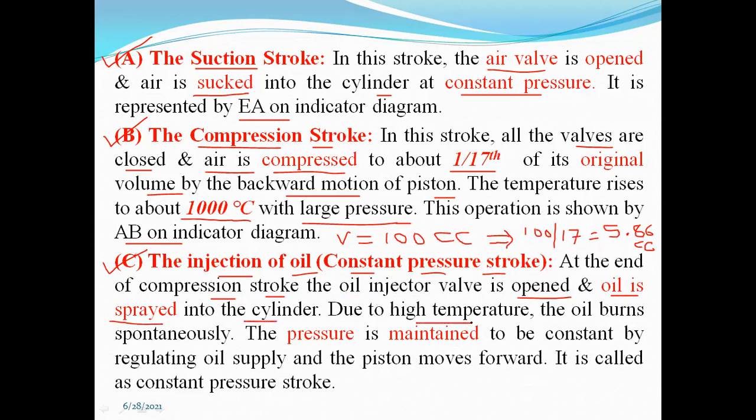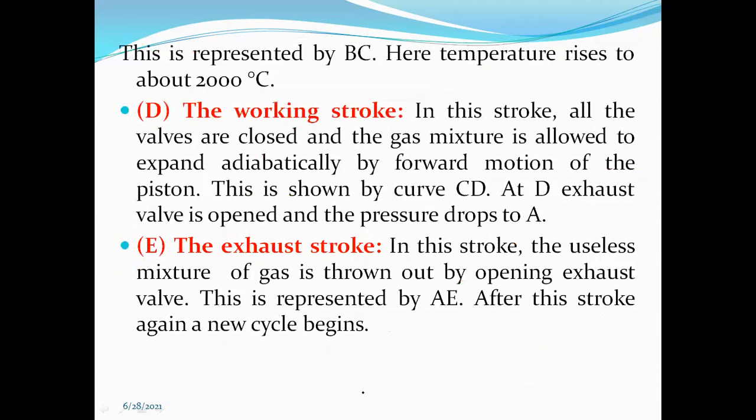So due to high temperature, the oil burns spontaneously. Okay, the pressure is maintained to be constant by regulating oil supply, and the piston moves forward. So it is called the constant pressure stroke. This is represented by BC on the indicator diagram.